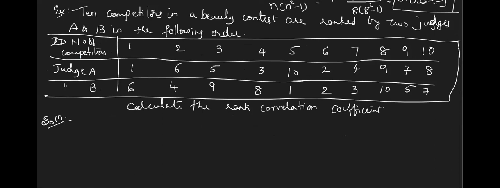What we want is judge A and judge B marks. So already they have given the ranks only. Now you can see the data is between 1 to 10. So there are 10 competitors. So no need to take one more extra column as rank of X or rank of Y. Am I right?